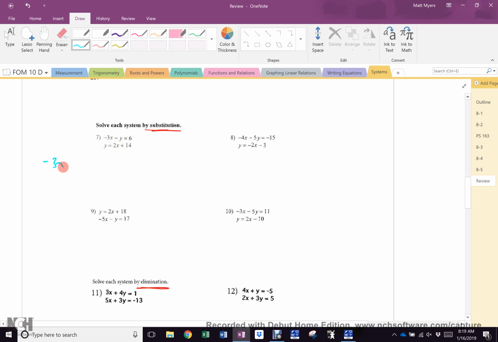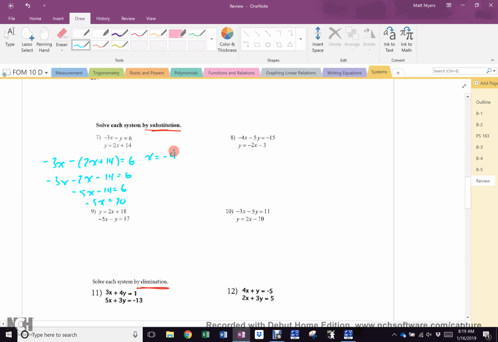So, -3x minus 2x plus 14 equals 6. -5x minus 14 equals 6. -5x equals 20. X equals -4.